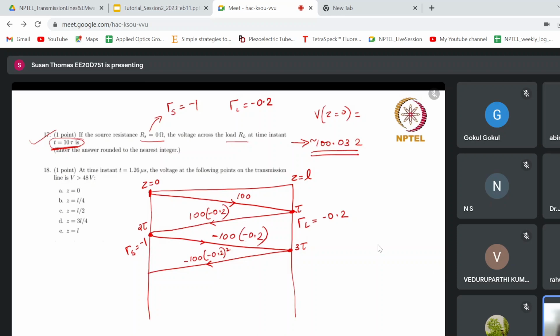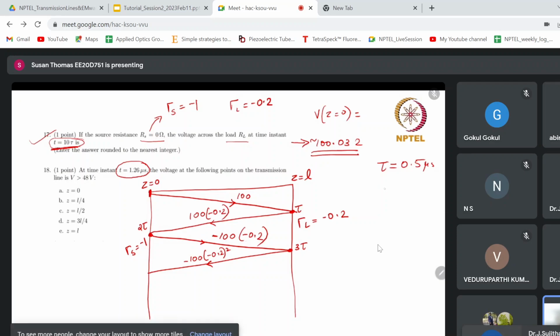This is a different view. At time t is equal to 1.26 microseconds. See that our time tau is 0.5 microsecond. So 2 tau is 1 and 3 tau is 1.5.